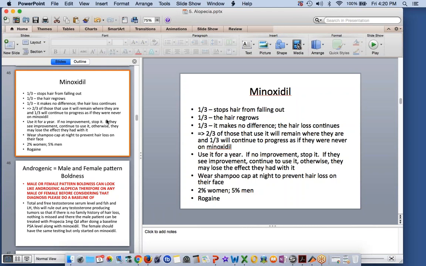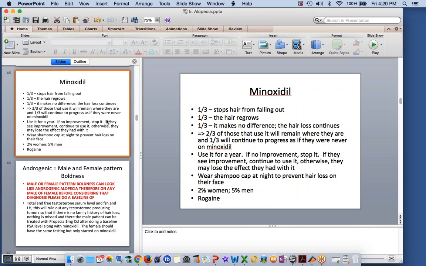On the other hand, now that we're convinced that we're dealing with male or female pattern baldness, in the male and female, one should get a blood test consisting of the rest of the tests that we discussed, such as a CBC, CMP profile, RPR, and a thyroid function test.